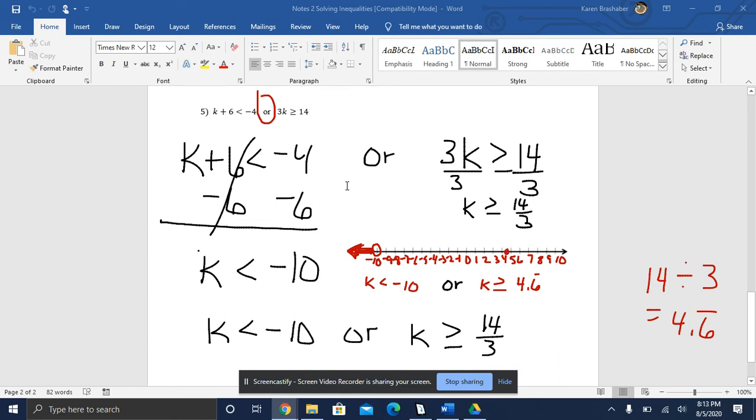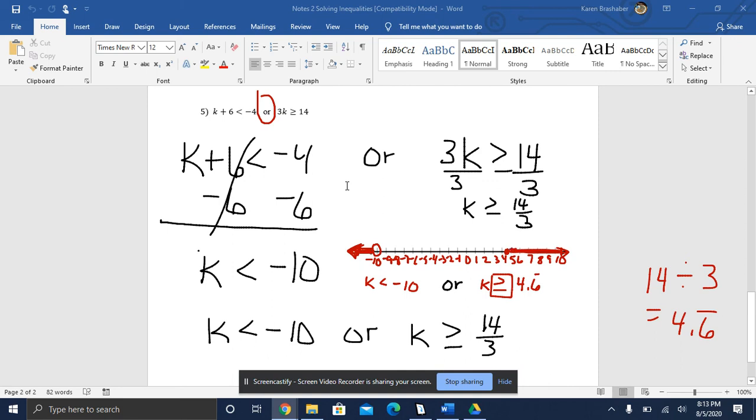Choose a spot in between 4 and 5. Notice that I used a solid dot because I have less than or equal to, or excuse me, greater than or equal to. And since it's greater than, I want to go to the right. I want to get my numbers that are bigger than 4.6. And so those two arrows do not overlap.